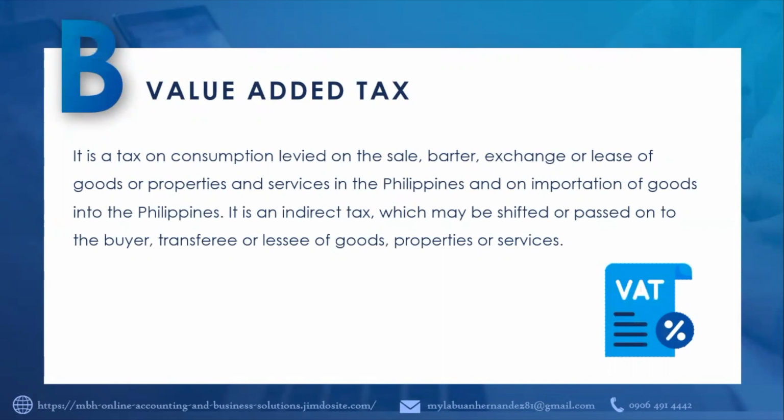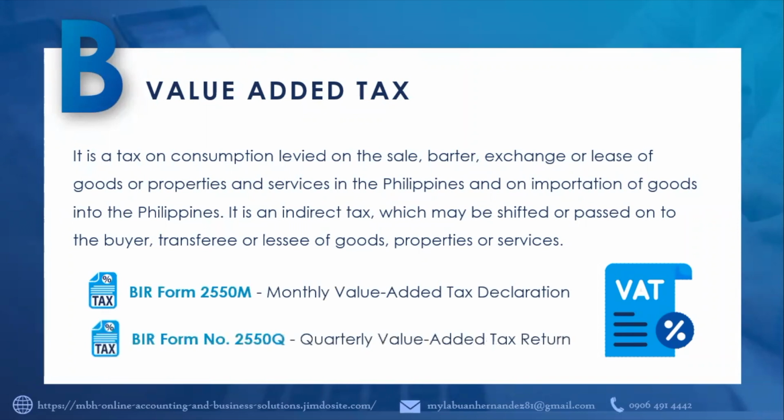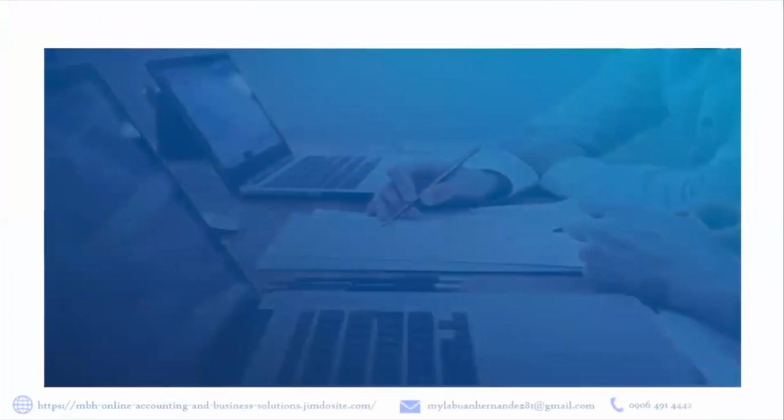It is an indirect tax which may be shifted or passed on to the buyer, transferee, or lessee of goods, properties, or services. Here are the tax forms you should remember if you are qualified to pay value-added tax. BIR Form 2550M for monthly value-added tax declaration and BIR Form 2550Q for quarterly value-added tax return.